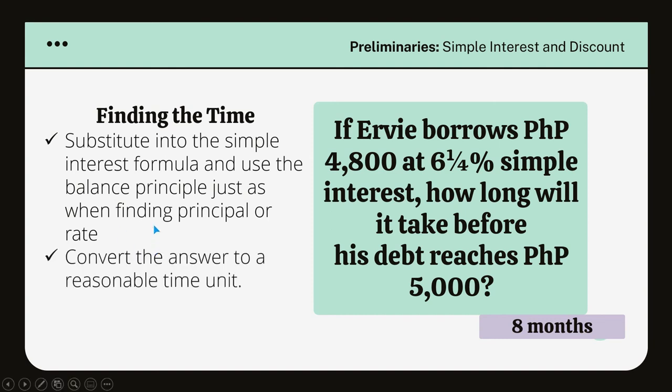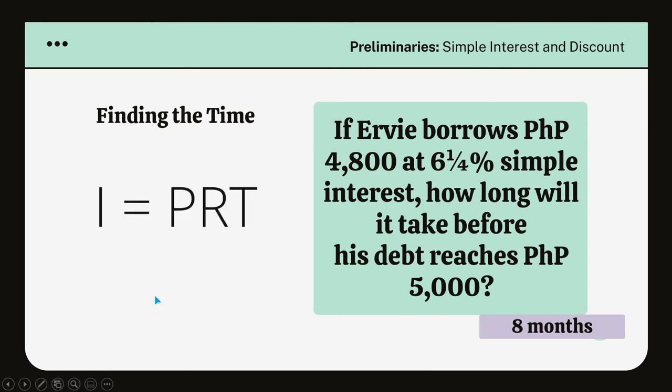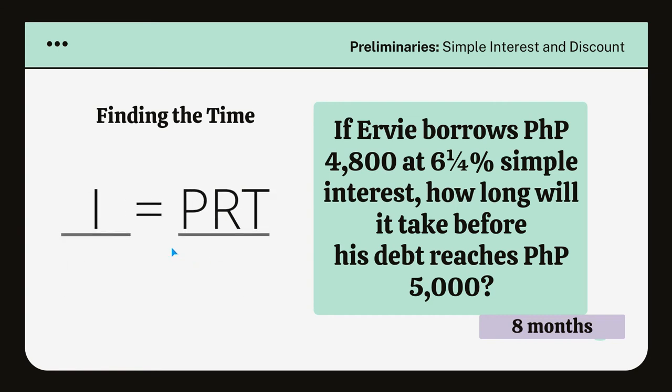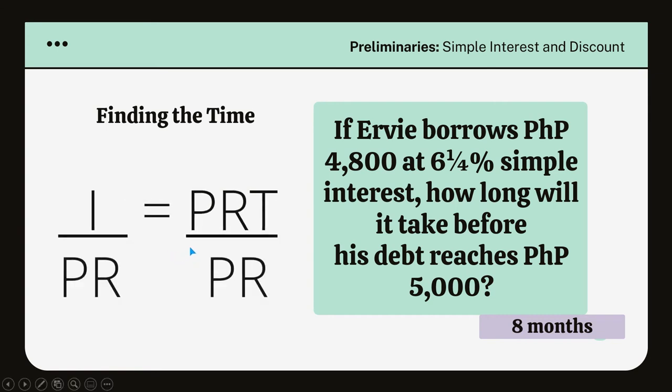Okay? So we need to convert the answer to a reasonable time unit. If it won't reach years, we could use months. If we can't use months because it's not convertible into months, let's use weeks. If that's not possible, we could use days. Okay? So, I is equivalent to PRT. We're looking for T. Therefore, we're going to divide them both by PR.